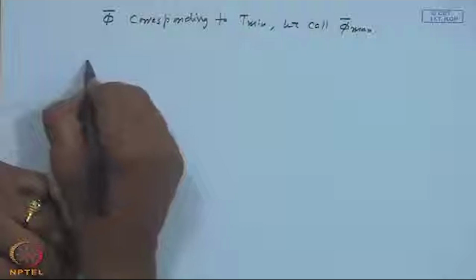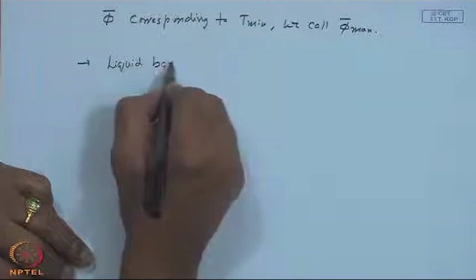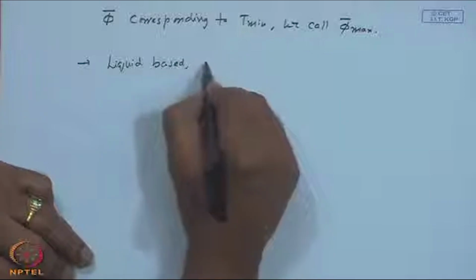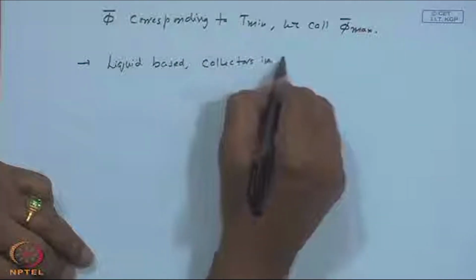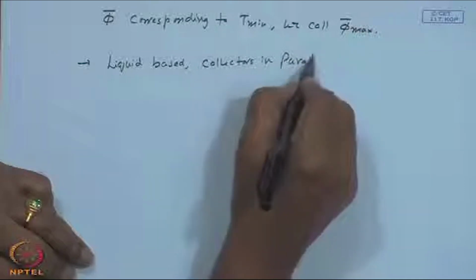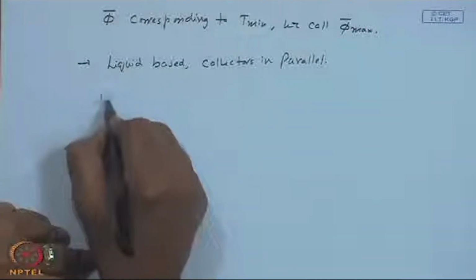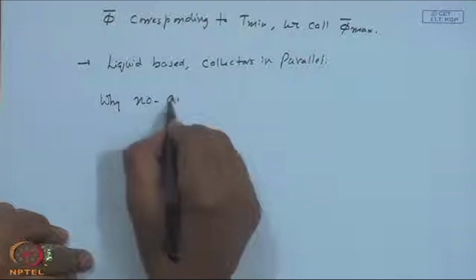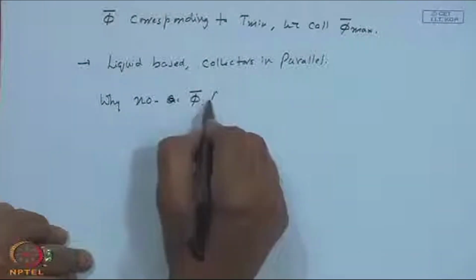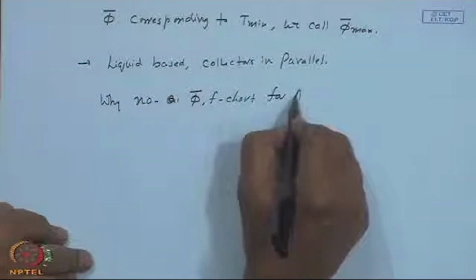So, liquid based collectors in parallel. Some of you may think of why no phi bar F chart for air based systems.